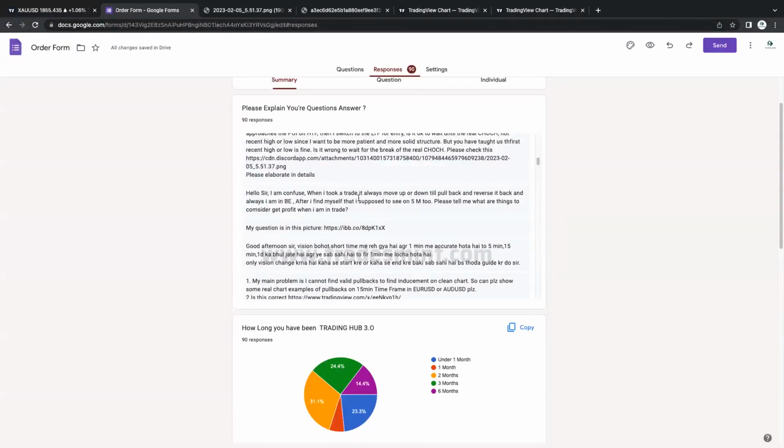Sir, I'm confused. When I take a trade, it's always a 5 minute entry and my target is 5 minute too. Please tell me what to consider to get a profit when I'm in a trade. Sir, when you are in profit in a trade, simply you can take a partial when the market breaks the recent major structure. Major structure means the one which took out the liquidity, right?